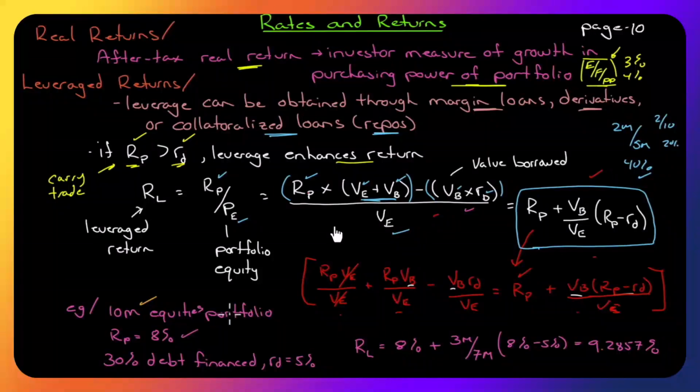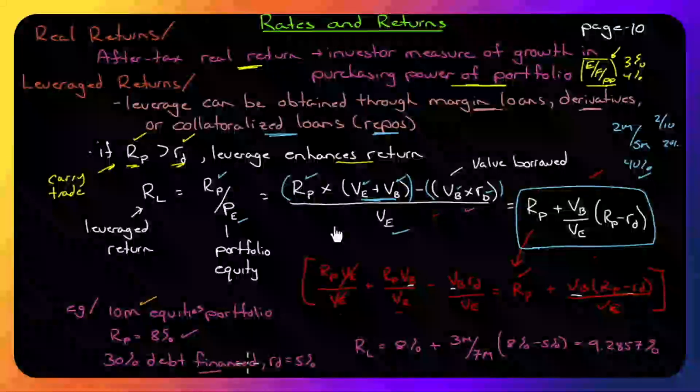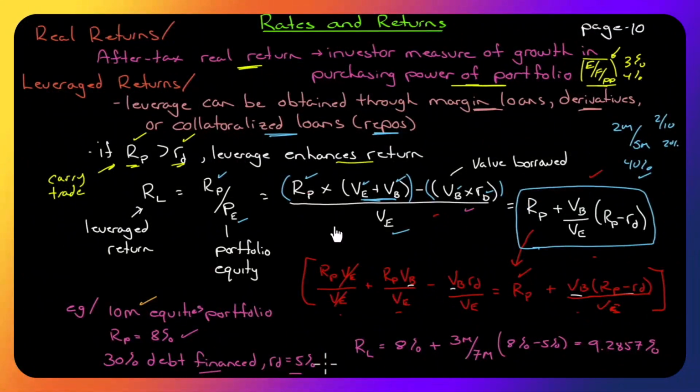The portfolio earned 8%, and 30% of this was debt financed at a cost of 5%. Well, let's just remember our formula here. RP was 8%, plus VB over VE. We know we have a $10 million portfolio, 30% debt financed, so we must have had $3 million in borrowed funds. That would have left $7 million in equity.